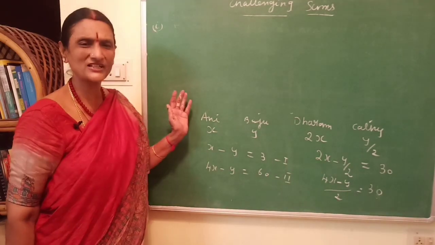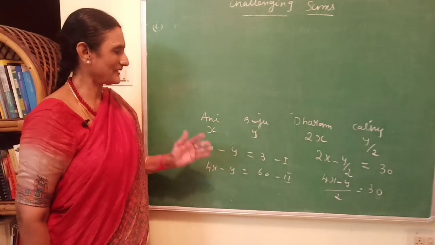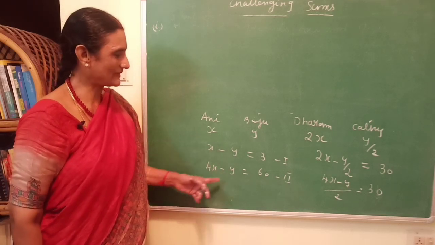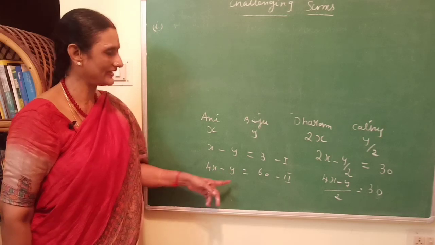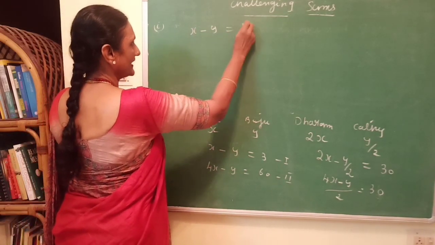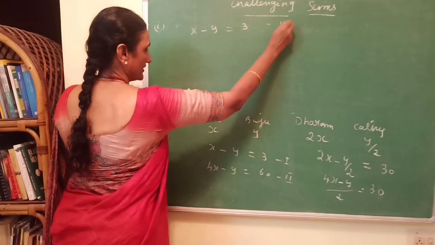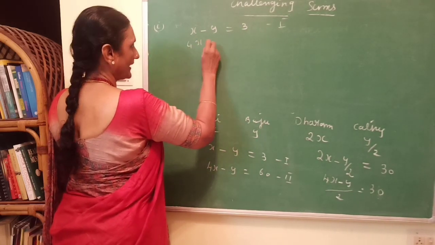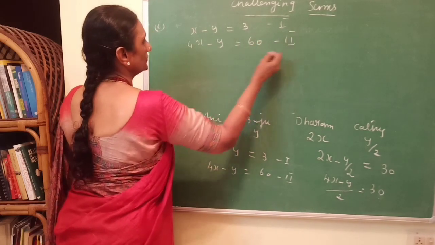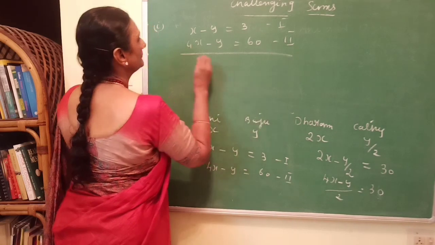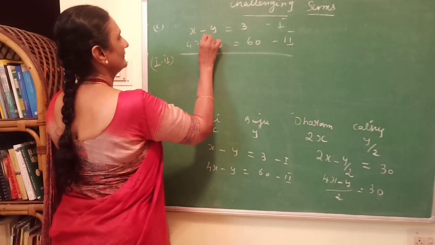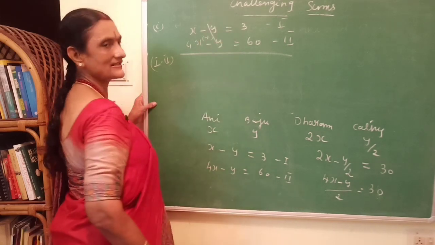So the assumptions were a little twisted, but the solving is easy. Now look at the equations. x minus y is equal to 3, and 4x minus y is equal to 60. We can write the equations once again as equation 1 and equation 2. So if you subtract, automatically the y terms will get cancelled.